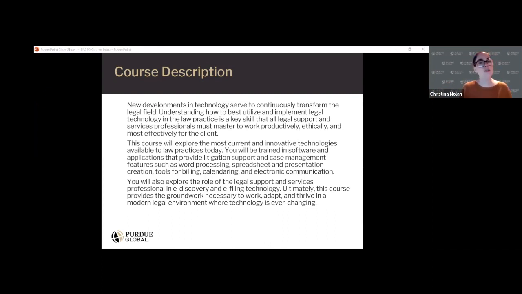So we're not just talking about a private law firm office. This could be a governmental office. This could be, you could be working as in-house counsel for a big corporation that has their own in-house legal team. All of these types of places that provide legal services also use legal technology.